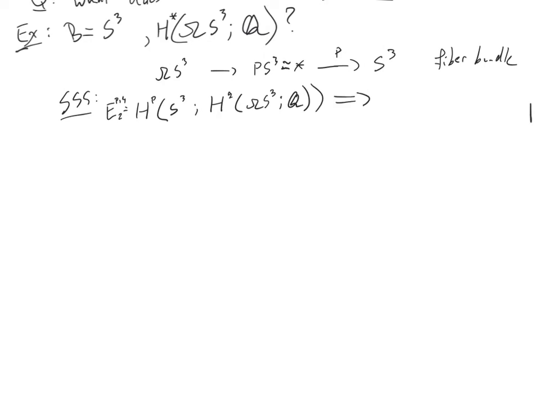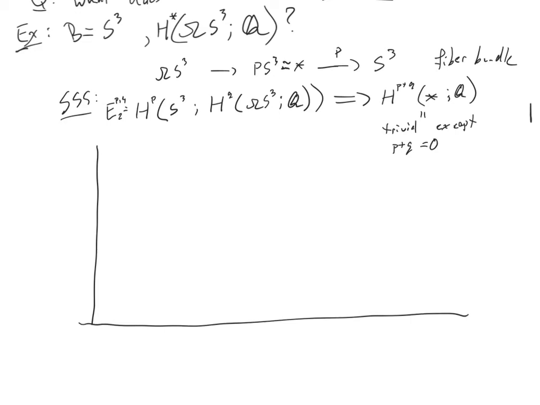And this is going to converge to the P plus Q cohomology of a contractible space. And we know what this is. This is trivial, except P plus Q equals 0, where there's a single copy of Q. So this means that the spectral sequence becomes a death match.